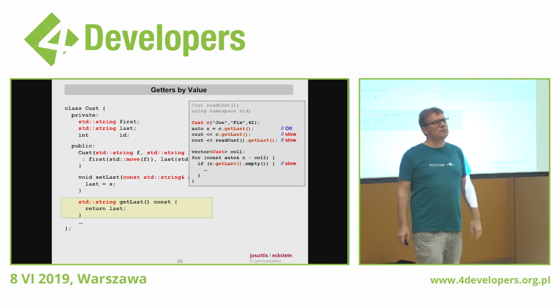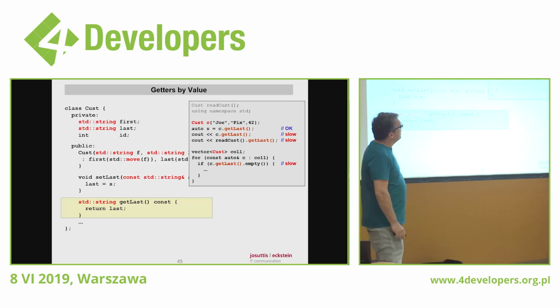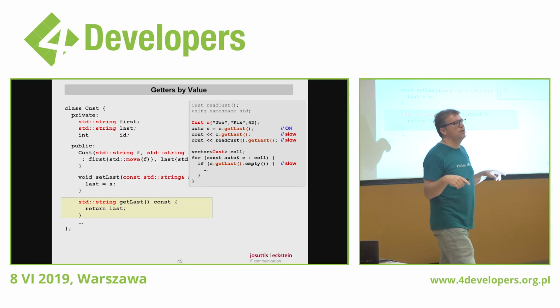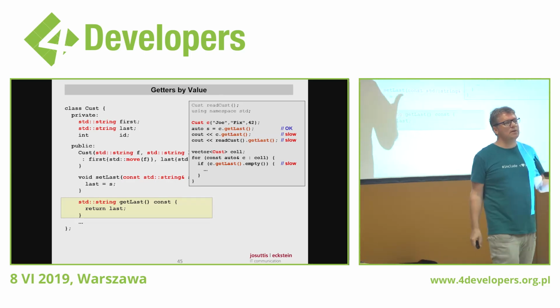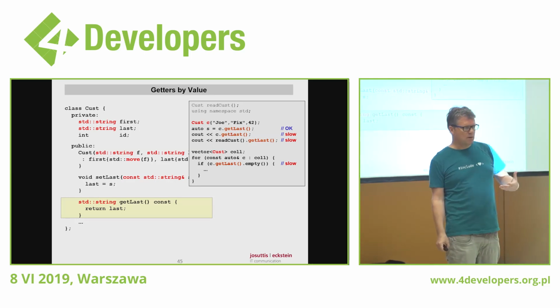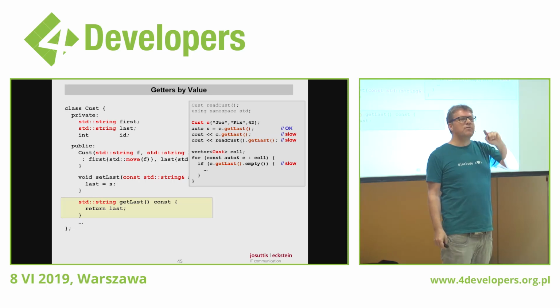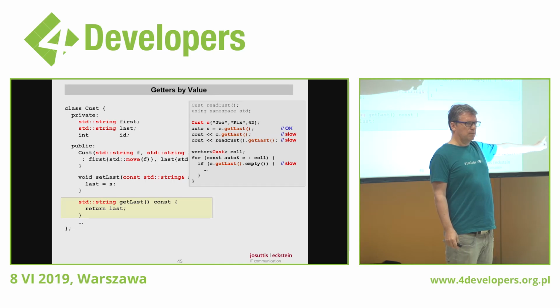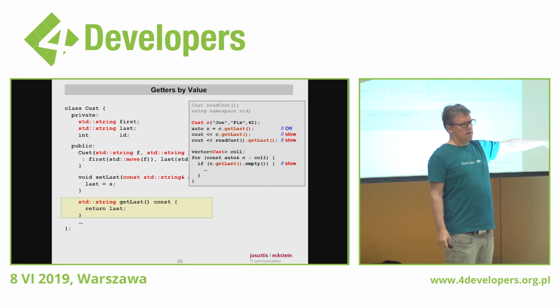That's probably the reason that a lot of programmers say whenever we get something, we have a getter, we access a member, let's return it by reference. Who would return by reference here? Const reference, yes, of course. Who would return by value?